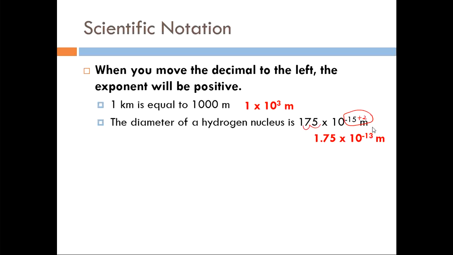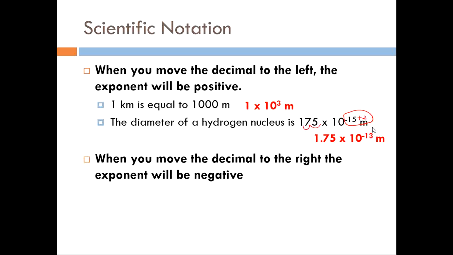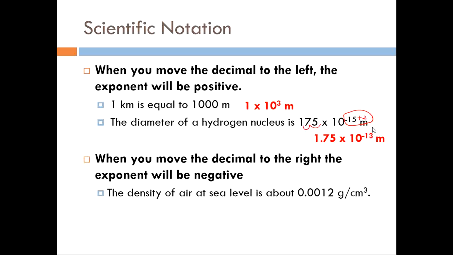Now what happens if you move the decimal to the right? Then the exponent will be negative. So this has to do with really small numbers. So the density of air at sea level is about 0.0012 grams per centimeters cubed. Well, I know that this number isn't too small, but let's say that we want to convert this number into scientific notation. So the decimal is already present right here.